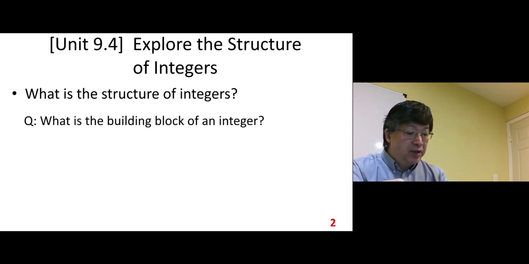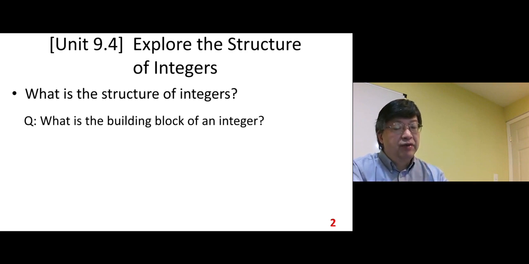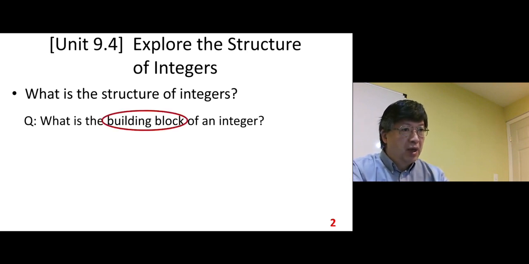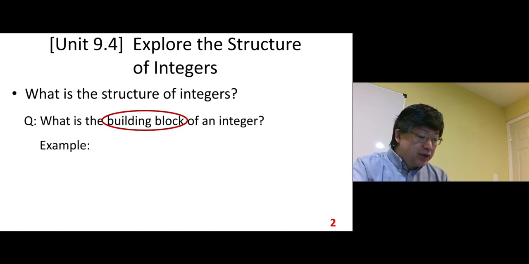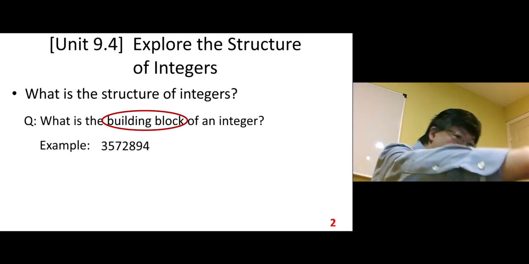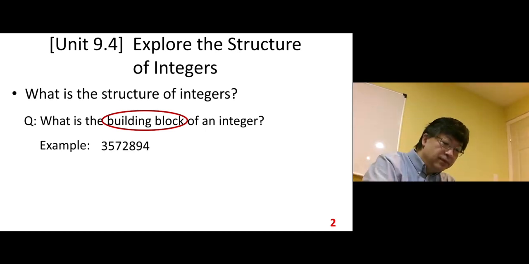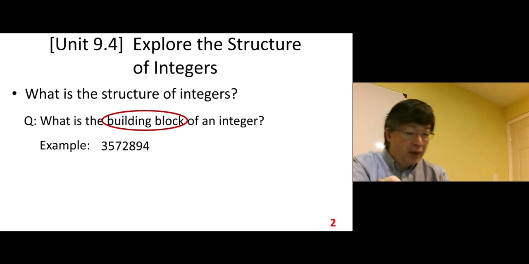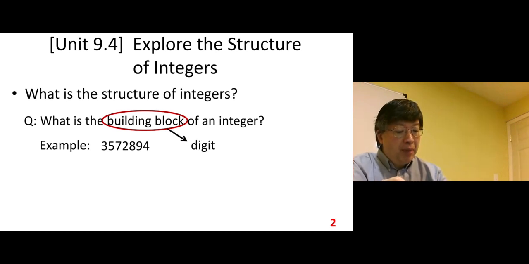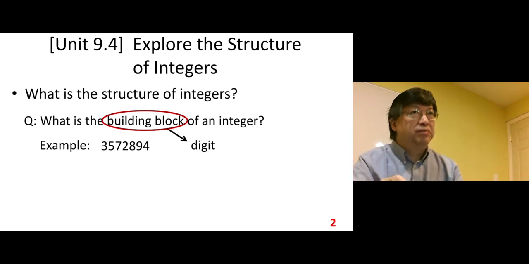So first, let's look at the building block of an integer. I think it is obvious. Let's look at this example. This is an integer. Here you can see the building block is the digit.